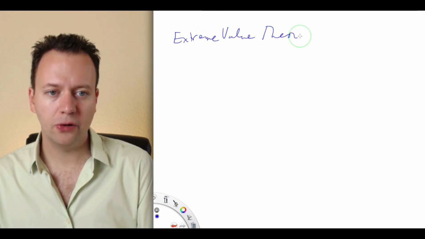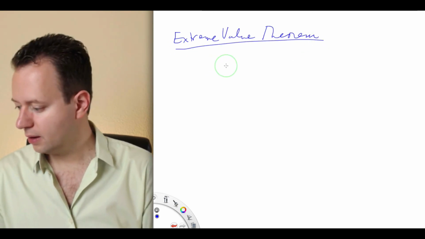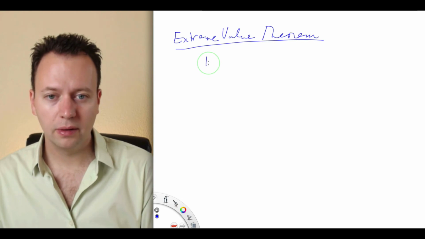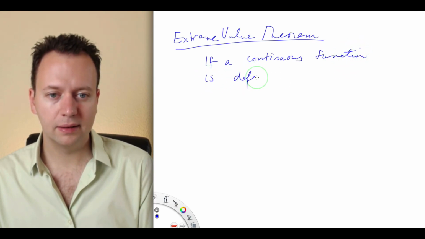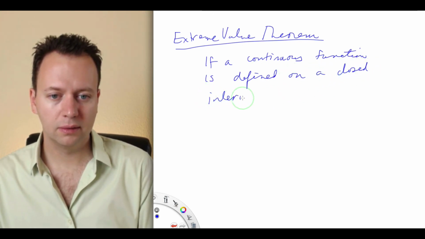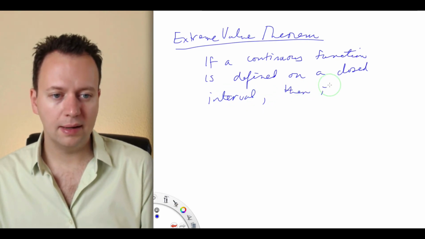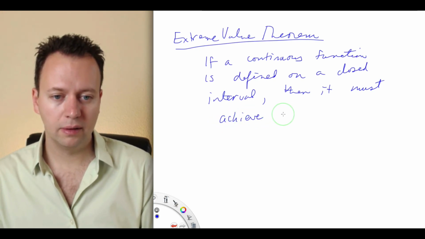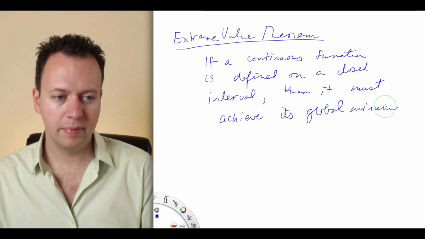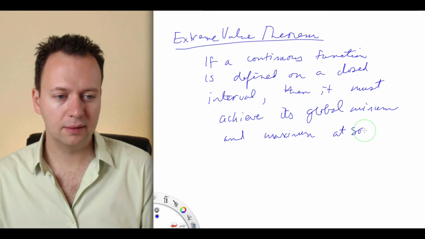So the extreme value theorem tells us the following. If a continuous function is defined on a closed interval, then it must actually achieve its global minimum and maximum at some point on the domain.